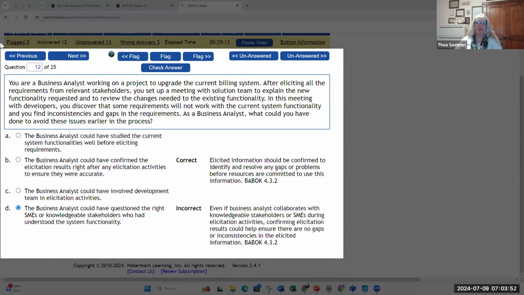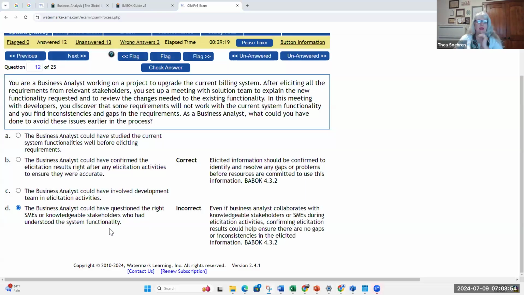Well, what it does is, yeah, go ahead. It says that you gathered all your requirements and then you go to the developers. And the developers say we can't do that.